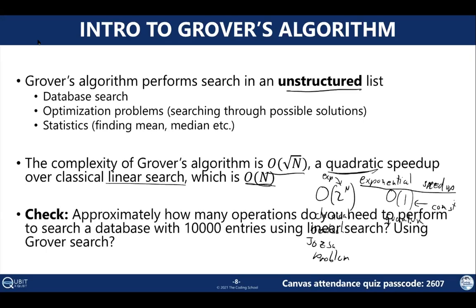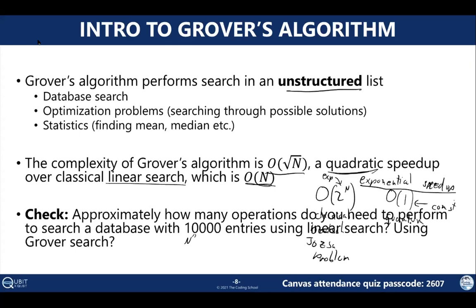So this is a check that you can do. For 10,000 entries with linear search, how many comparisons would you have to do? So n in this case is 10,000.